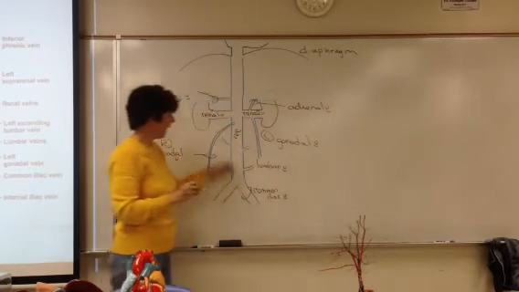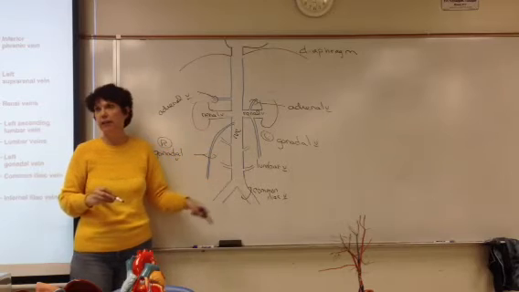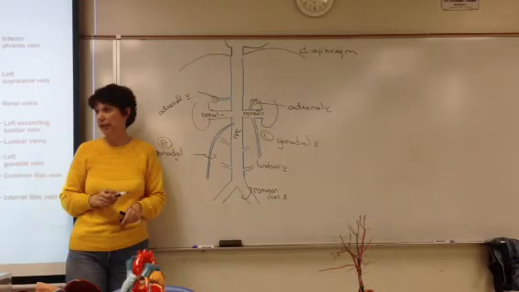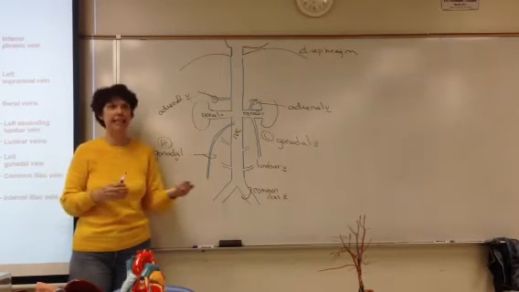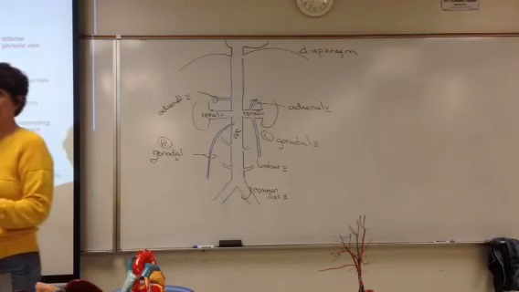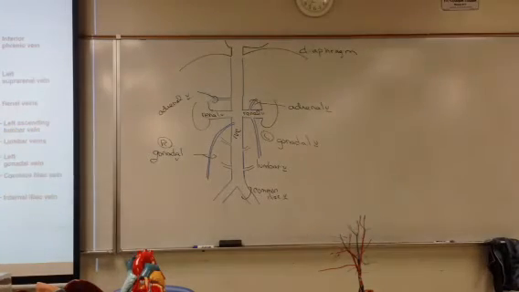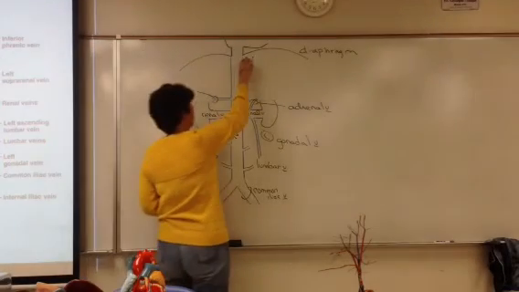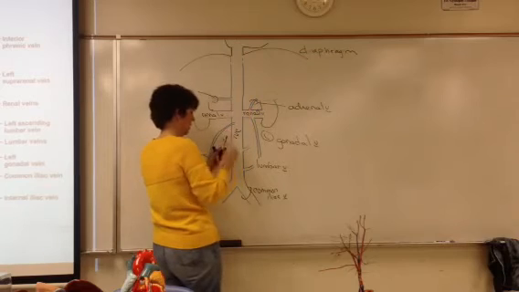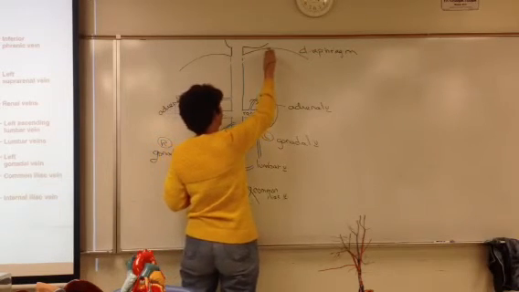So you'll notice that I don't have any inferior mesenteric vein draining into the inferior vena cava. And that's because it doesn't. There is one present. You would see it with the inferior mesenteric artery, but it would then gradually leave it and go up higher because it's going up to the liver. We would also have our inferior phrenic veins coming from the diaphragm.